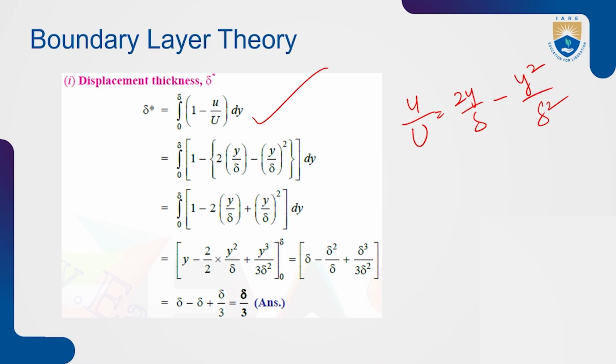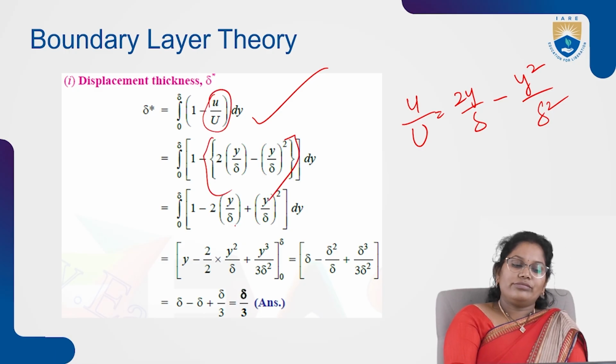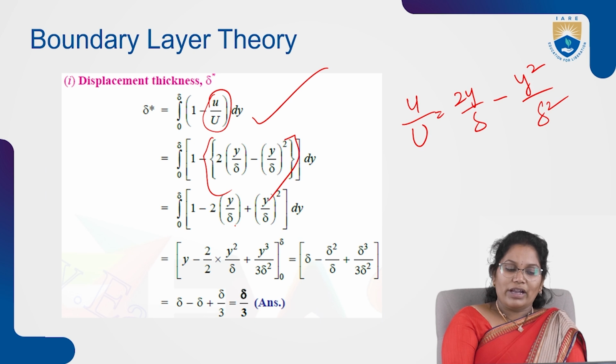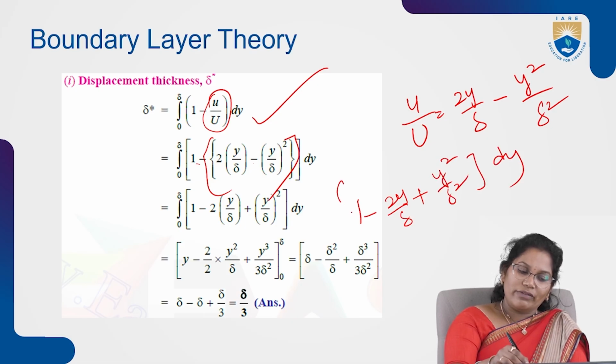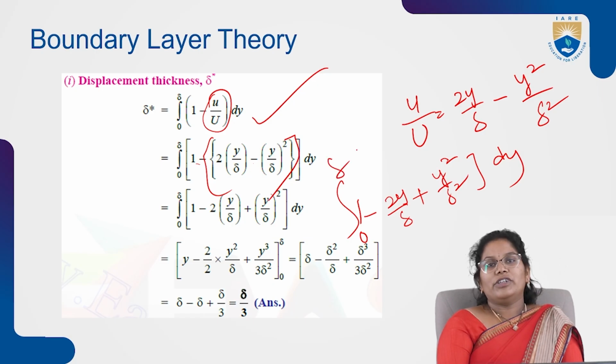Substituting this whole thing here, opening this bracket, it becomes 1 minus 2y by delta, and minus and minus become plus, y square by delta square into dy. This is what your equation has become now. Yes, you have to integrate this equation.